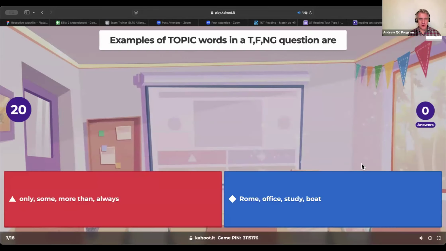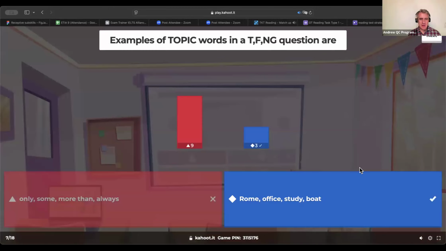Topic words in a true, false, not given. Yeah, these are like content words, aren't they?